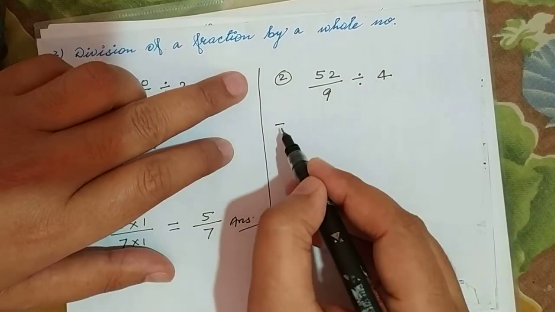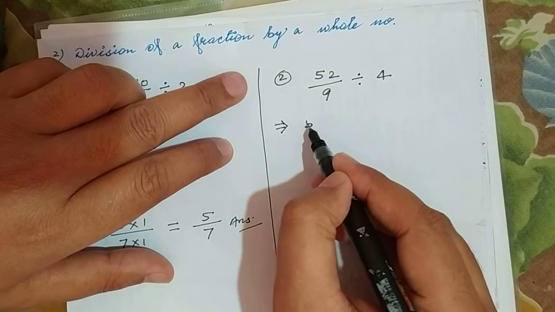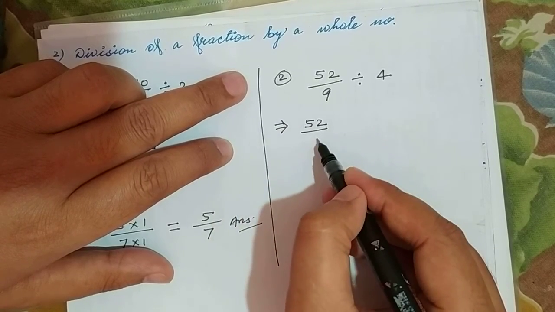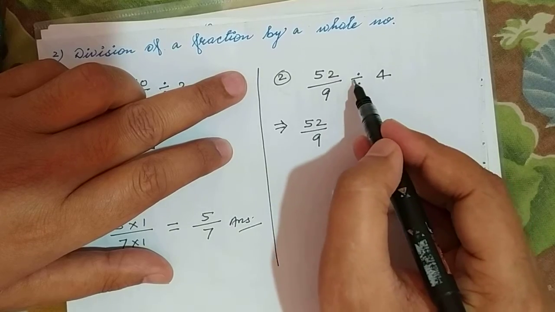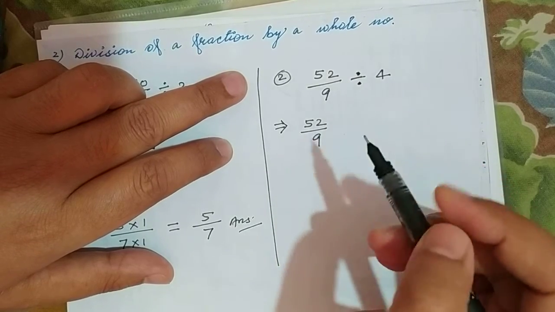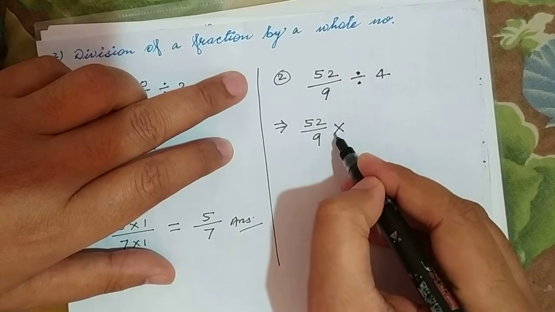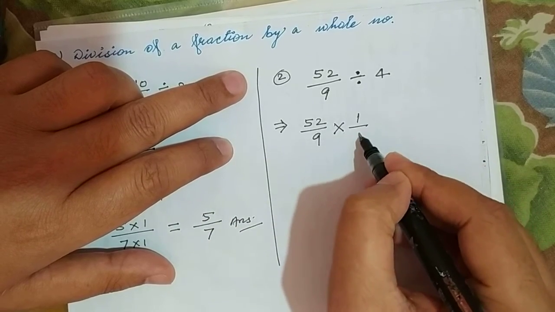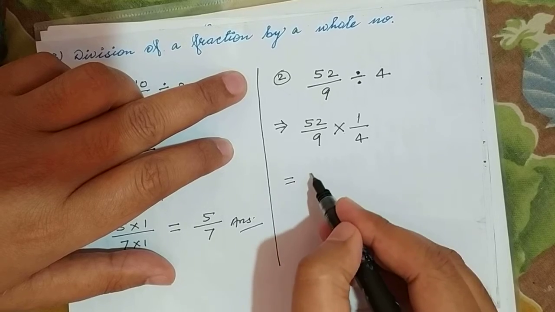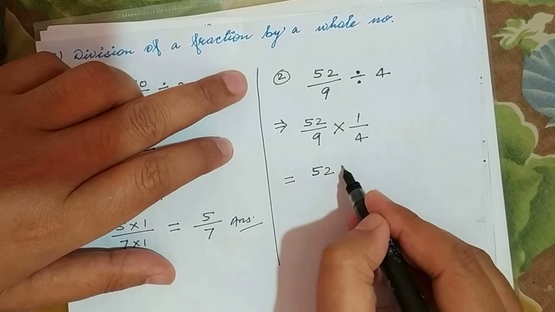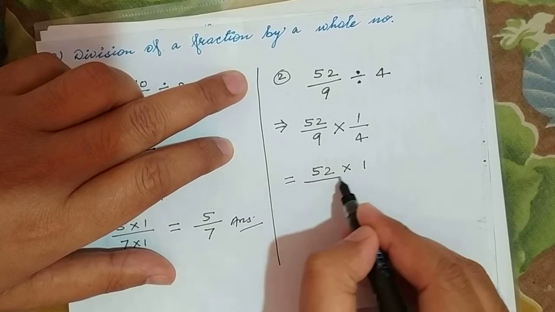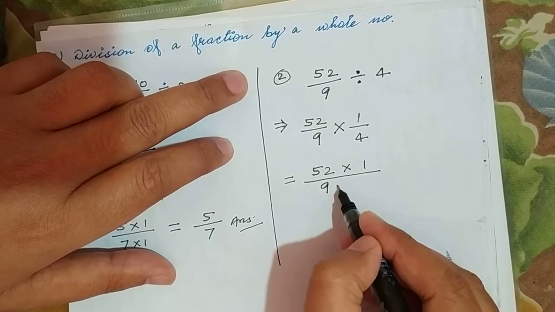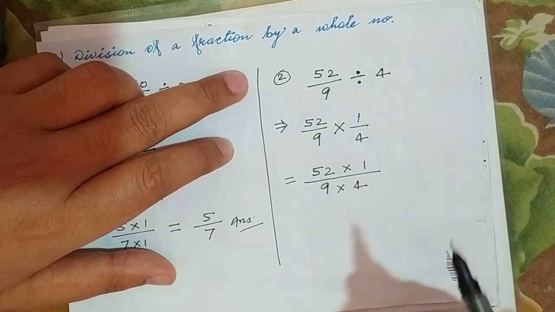So simply again we'll write 52 by 9, and now this is a symbol of division, so we'll convert this into a symbol of multiplication, and then write the reciprocal of 4, that will be 1 by 4. Now product of numerator 52 into 1 upon product of denominator 9 into 4.